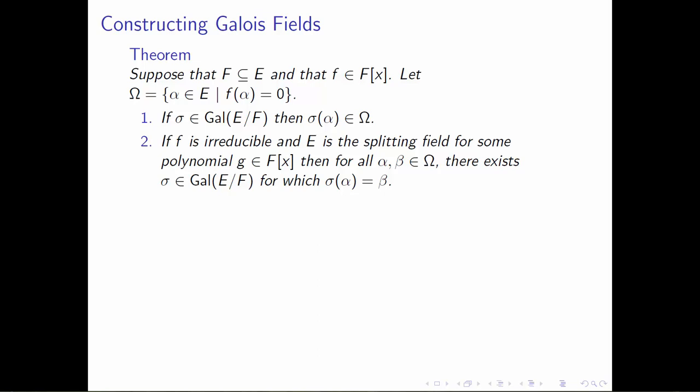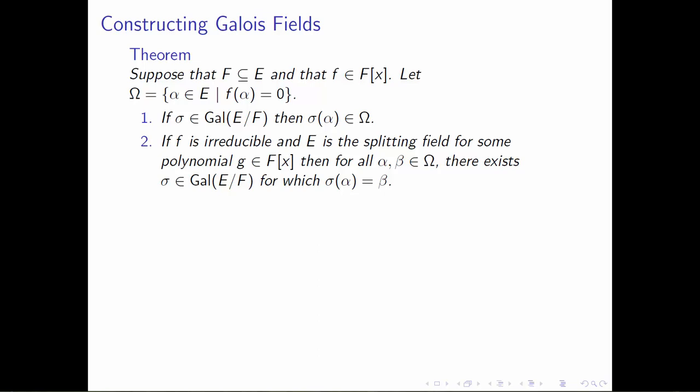The reason we call this the Goldilocks theorem sometimes is that the first condition is somehow telling us that Galois groups are small. They're small enough that they have to take roots of the polynomial f to roots of the polynomial f. So where something can get mapped under sigma is quite restrictive. But the second statement is kind of on the other hand for that.